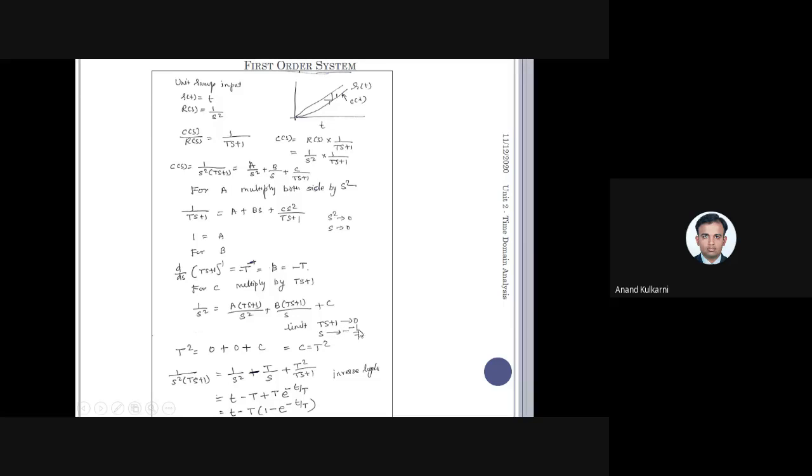So Ts is tending to minus 1, or s is tending to minus 1 upon T. Wherever s is there, you substitute it by minus 1 upon T. So minus 1 upon T squared, the minus sign will vanish, 1 upon T square will be there, that T square goes to the numerator. So C will be equal to T square.